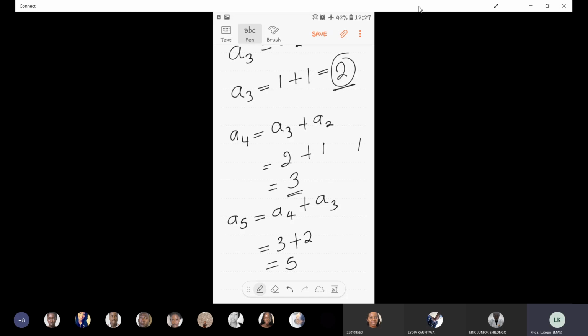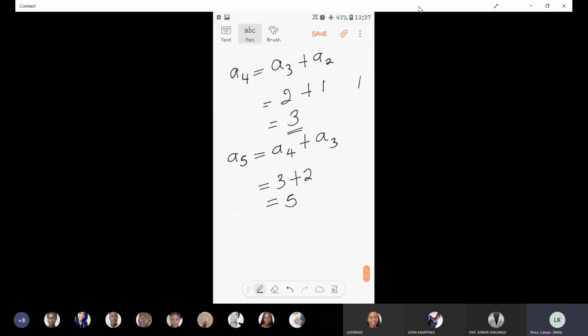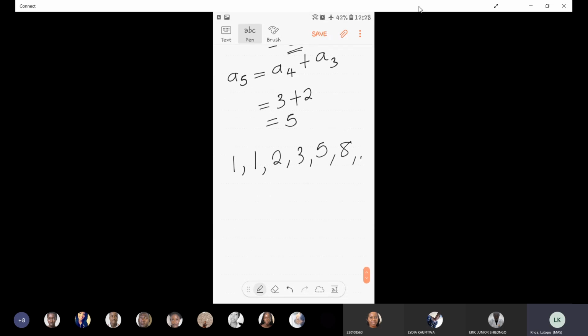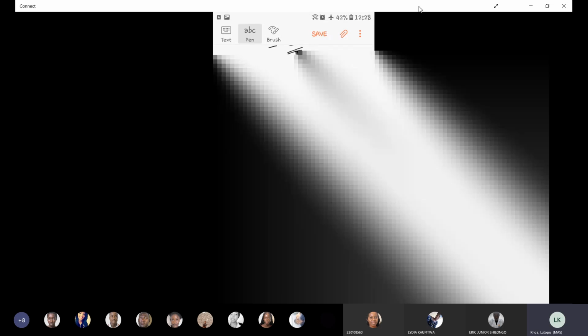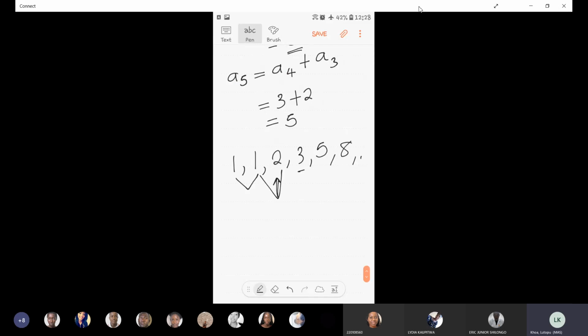Now this sequence that I've written was 1, 1, 2, 3, 5, and next would come 8, and we'll continue in this manner. I added these two to get that one, then these two to get this one, and so on, and the next one I will add 5 and 8.